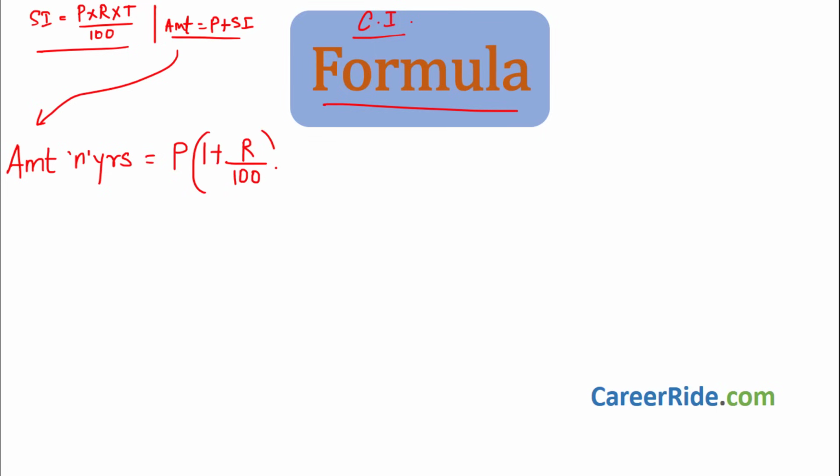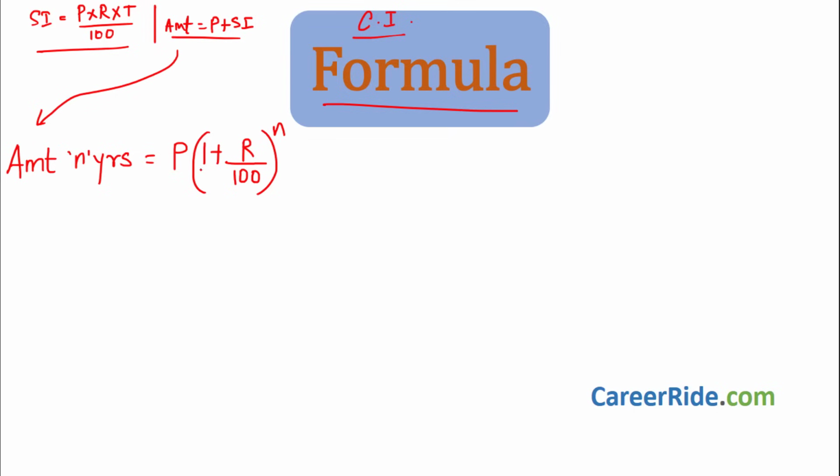Now over here the formula for compound interest is a little bit easy, but it is not directly the formula to find compound interest. The formula which we use in compound interest sums is: the amount which you receive after n years, which includes the principal and the compound interest, is given by principal amount multiplied by 1 plus rate of interest divided by 100 raised to number of years, that is n.